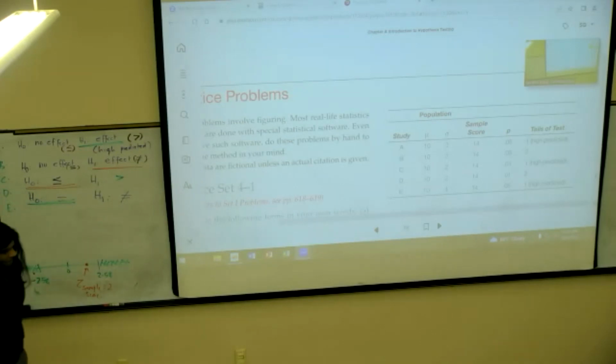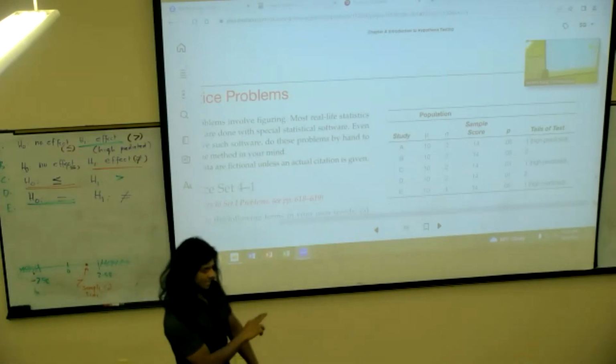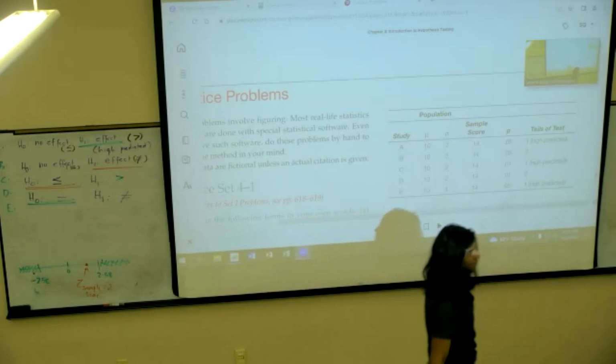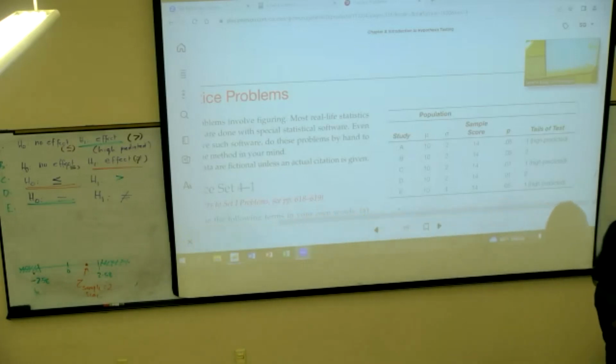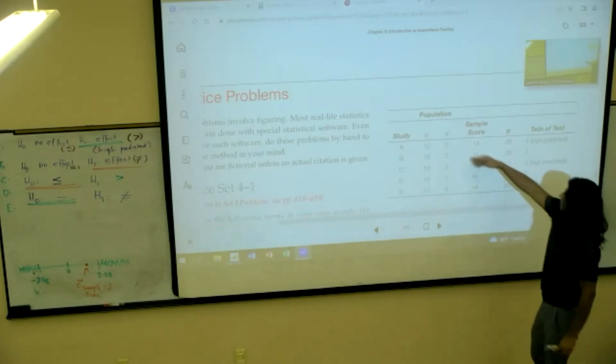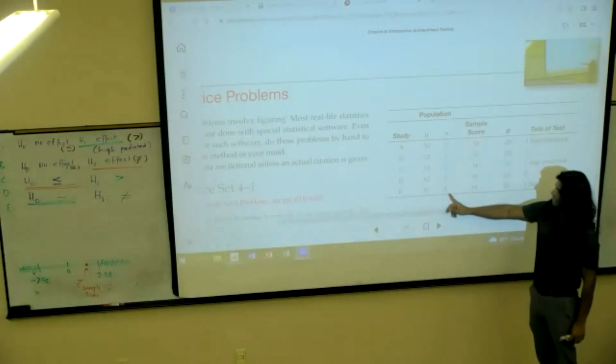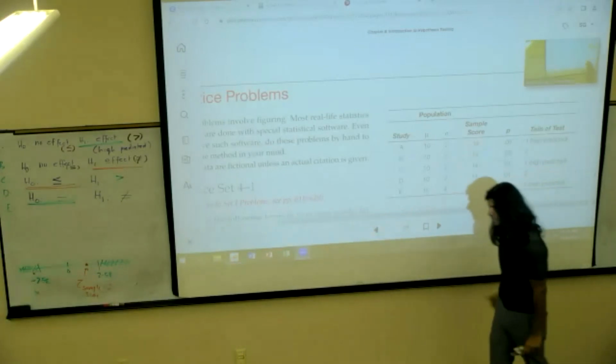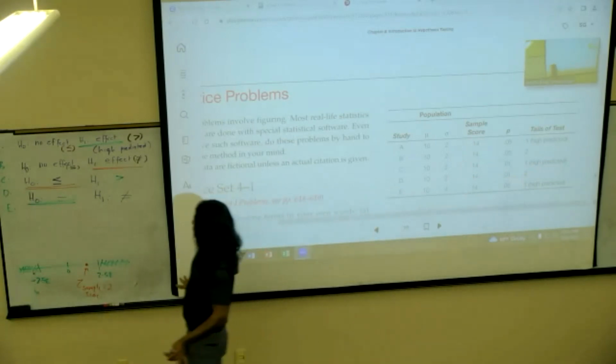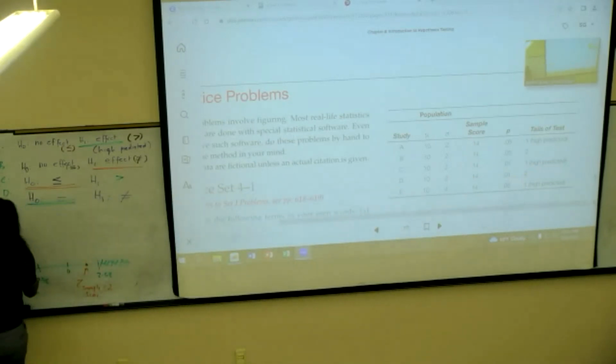First question. Can I use the same sample Z score? Sarah says, no, why not? There's a different sigma. So all of these were 2 for A, B, C, D. E is different. So that would change the sample Z score.